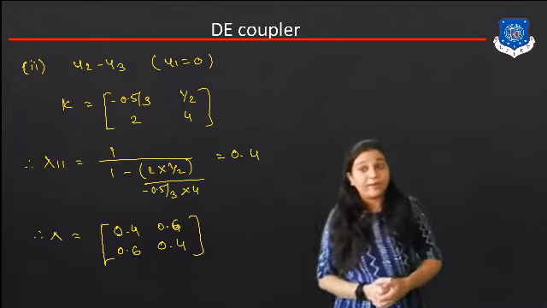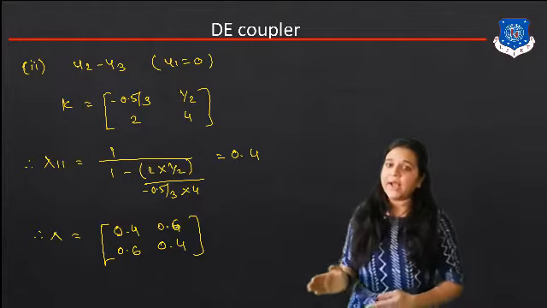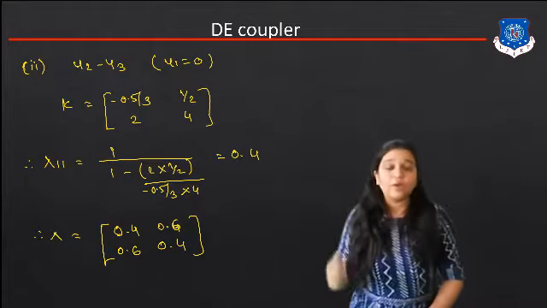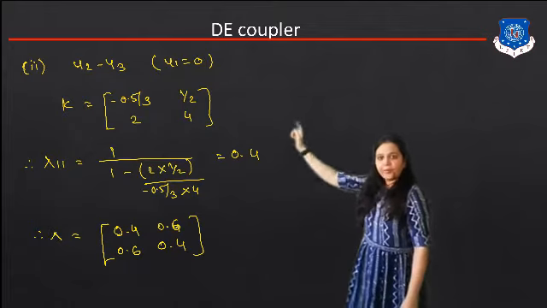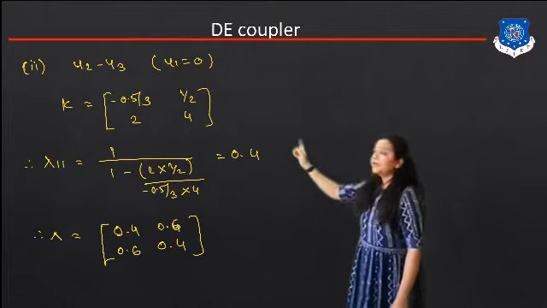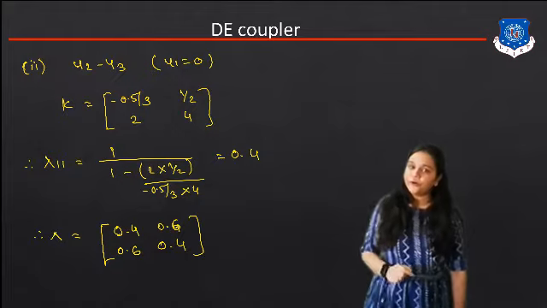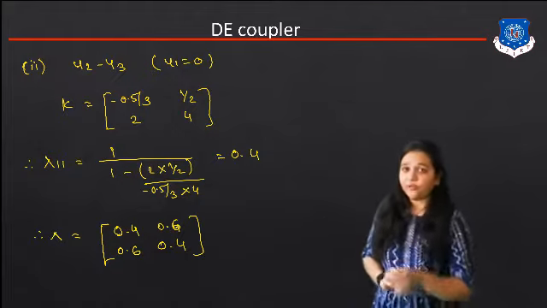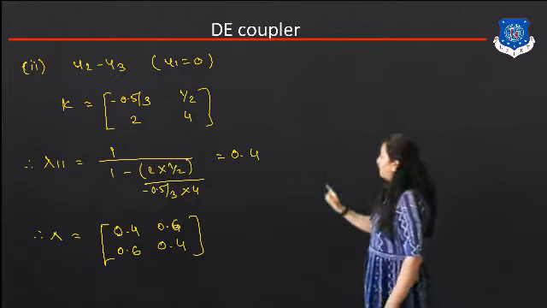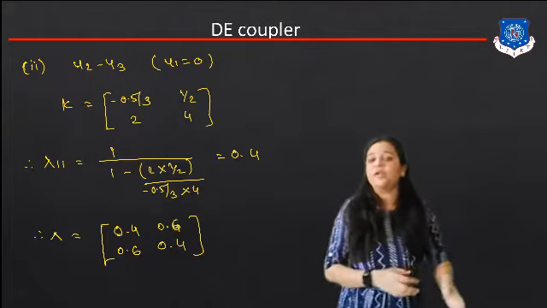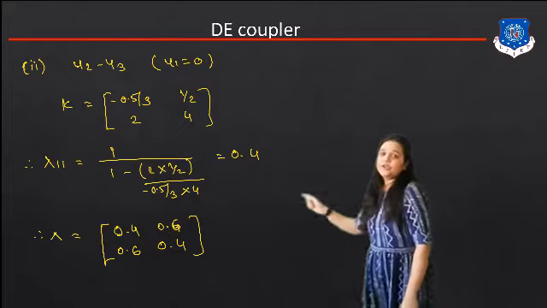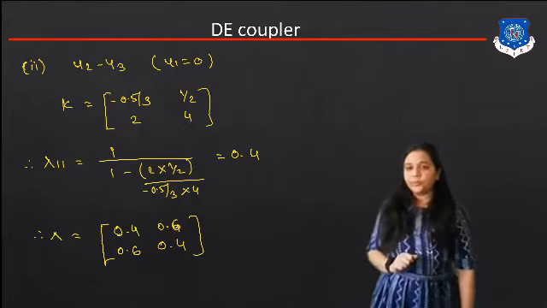Then again we find the value of lambda 1, that is 1 upon 1 minus (2 into 1 by 2) divided by (minus 0.5 by 3 into 4), that is equal to 0.4. Whatever the answer is, we write 0.4 here, and then 1 minus 0.4 gives 0.6, so that is 0.6 and 0.6.